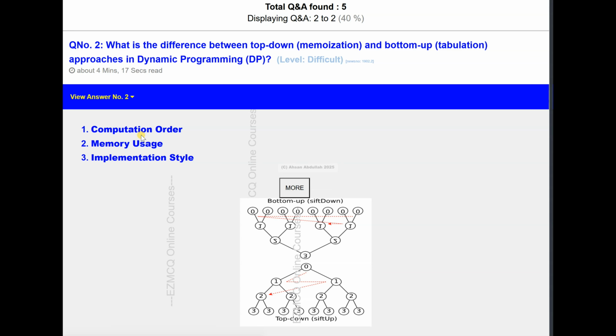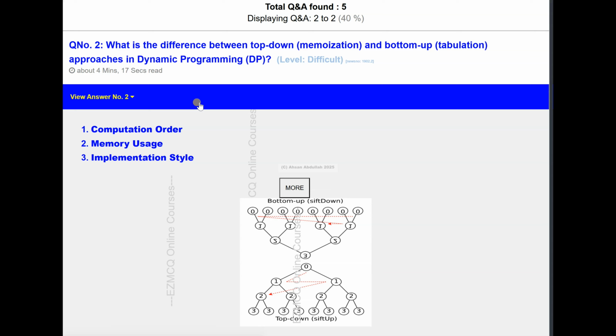All right. So in terms of the background, top-down memoization and bottom-up tabulation are two dynamic programming strategies that approach problem solving differently, and that is applicable for deep reinforcement learning also.